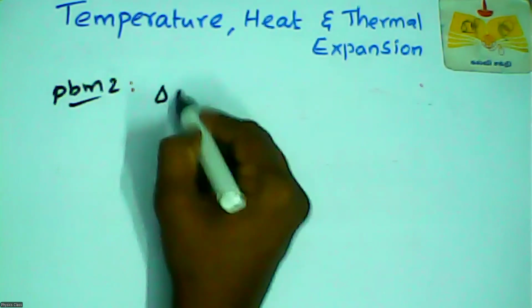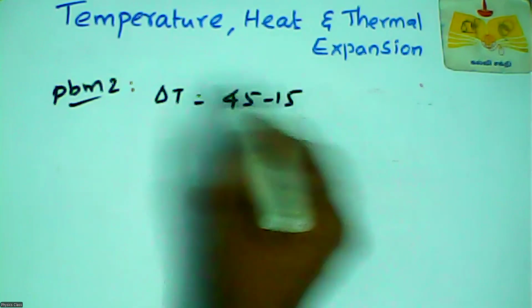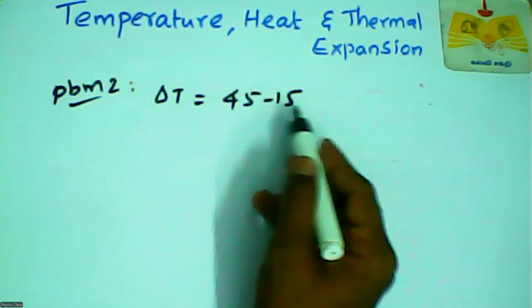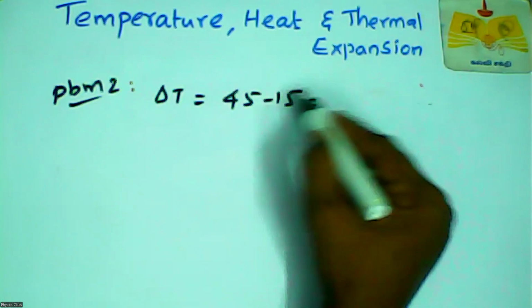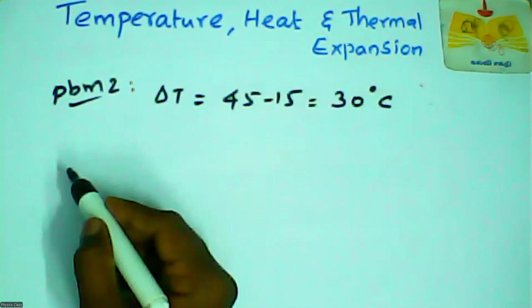First of all, del T is 45 minus 15, because of the summer day and winter day temperatures. 45 minus 15 gives 30 degrees Celsius.